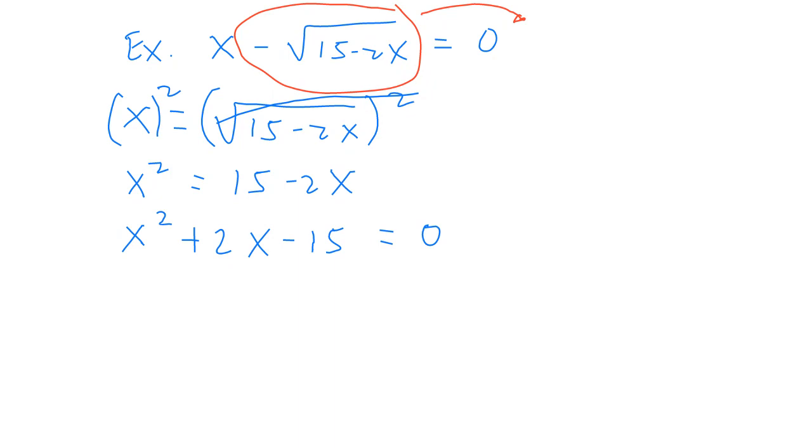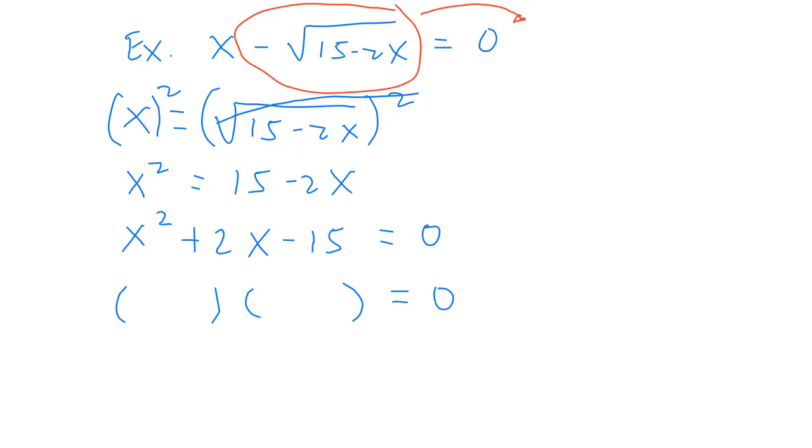And then I can apply factoring to find my x, or you can use the quadratic formula. So your a here would be 1, b is 2, c is negative 15, and then solve for your x using the formula.